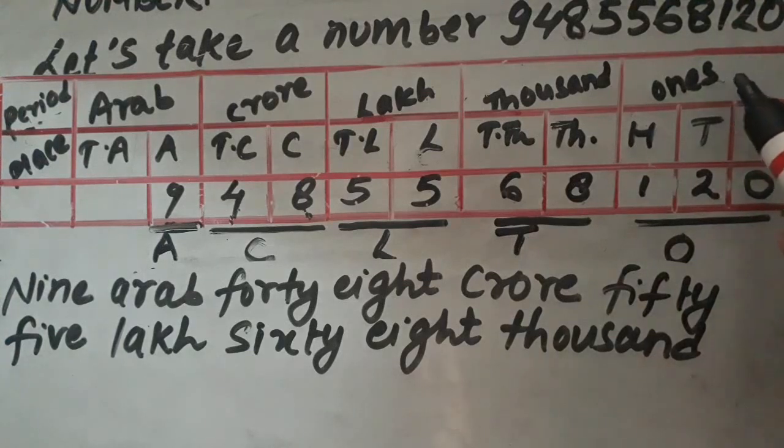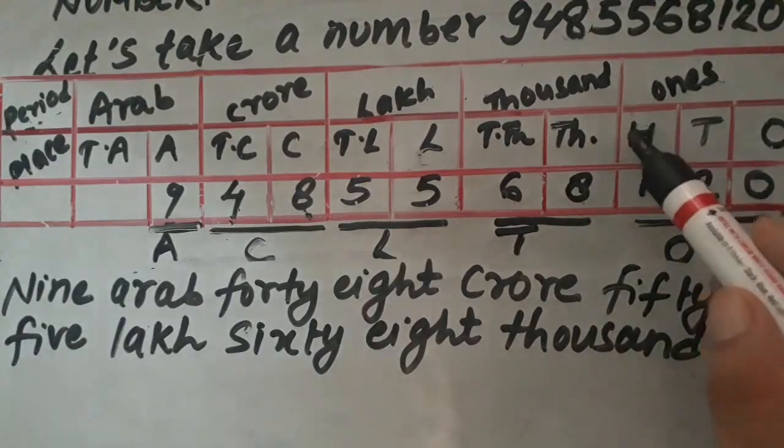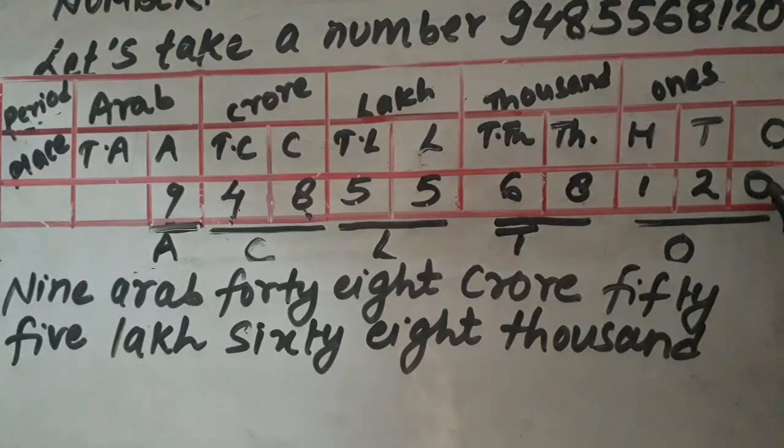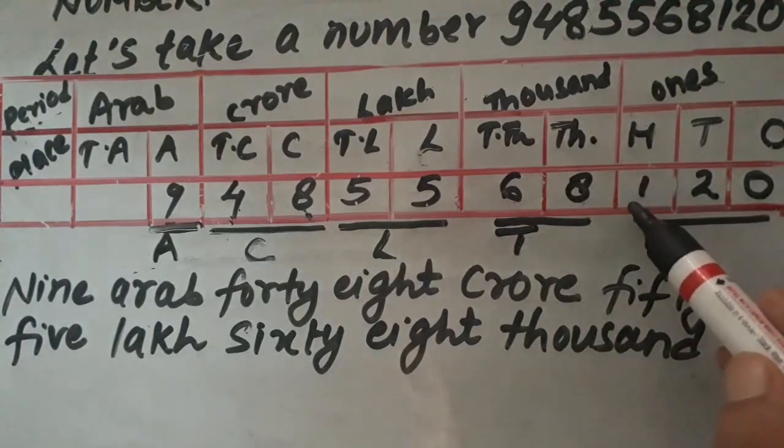So as I have already told you, period of ones consists of 3 places, that is ones, tens and 100. At ones place there is 0, at tens place there is 2, and at 100 place there is 1.